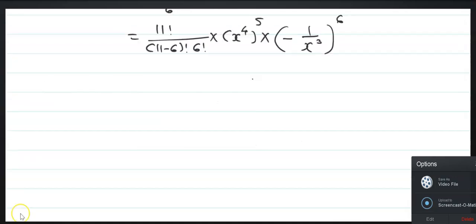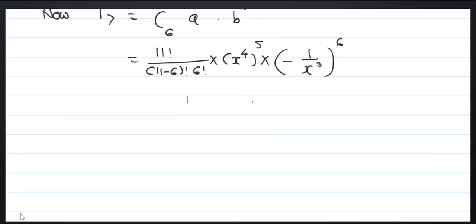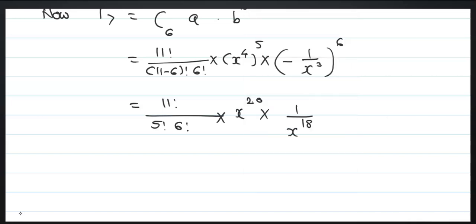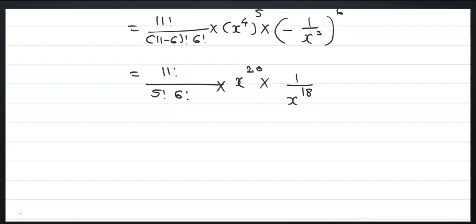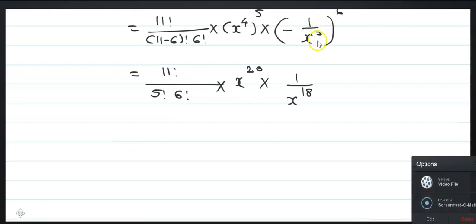We have substituted the values. Now you can perform the calculations. Overall, we will get minus 1 upon x cube bracket raised to 6. We will get a positive term. And 3 into 6 is 1 upon x raised to 18. x raised to 20 into 1 upon x raised to 18.